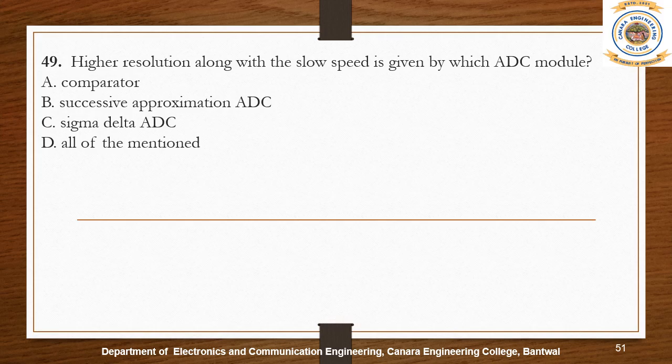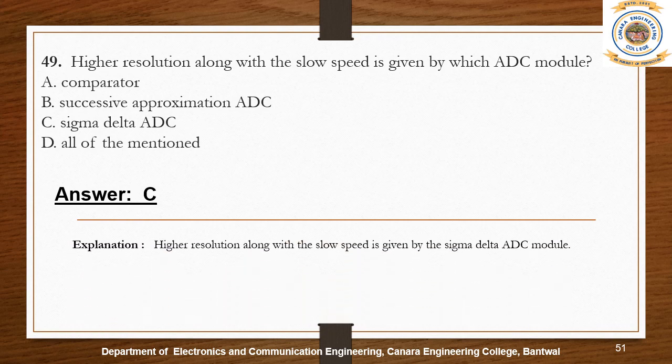We have different types of ADCs like the comparator, successive approximation ADC, and sigma delta ADC. Among these, the sigma delta ADC is considered the slower one with higher resolution, whereas the comparator has a slow speed as well as less resolution, and the successive approximation is one of the efficient ones in terms of speed and resolution.